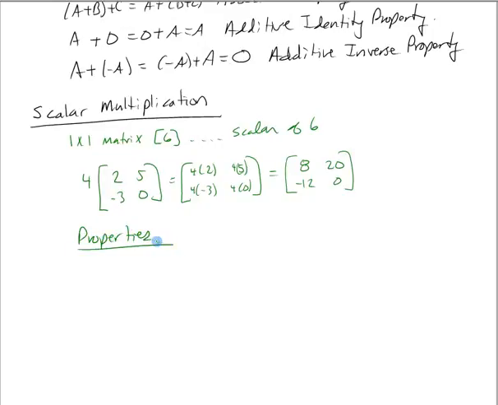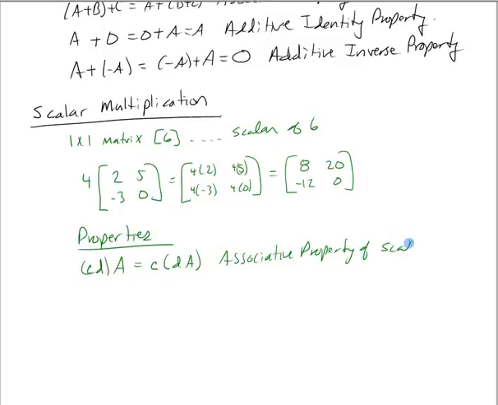So the properties of scalar multiplication: if you have, let's say, 2 scalar values, C and D, times a matrix A, and remember we use a capital letter to represent a matrix, that means that I could also take C times DA, meaning order doesn't matter. So this is called the associative property of scalar multiplication.